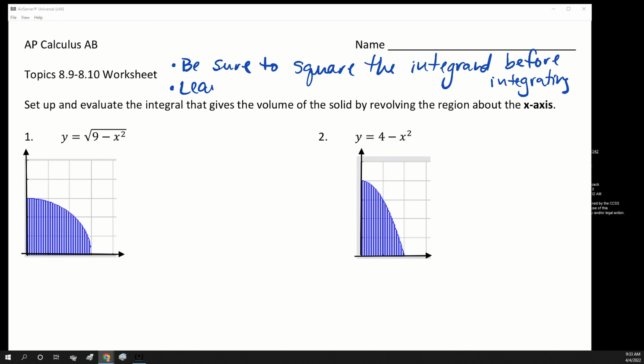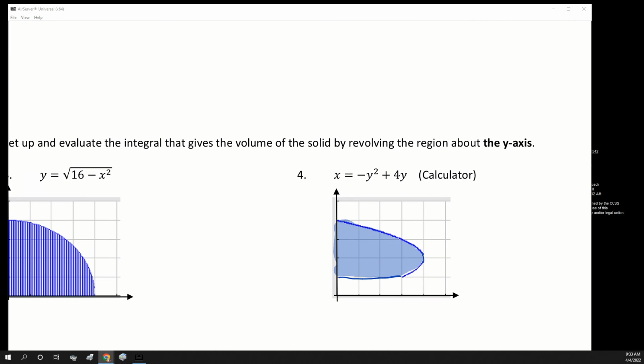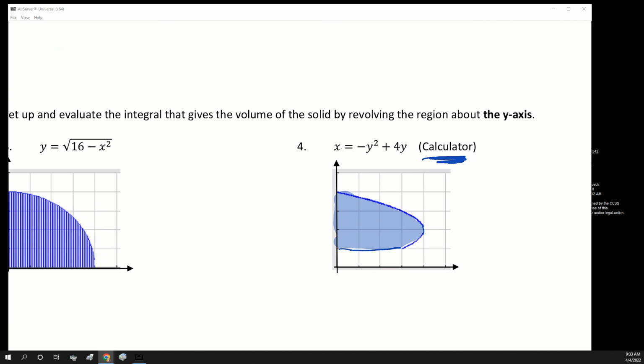And you can leave your answers messy, which means don't worry about adding and subtracting fractions. Just leave them messy. And you can see when you check the answer key, I left mine messy too. And then I did say on the very last one that you could use a calculator. I put it on here, but I don't know if it's on your copy. So does this say calculator on yours? Okay. So on number 4, go ahead and write that it can be a calculator question if you want to.